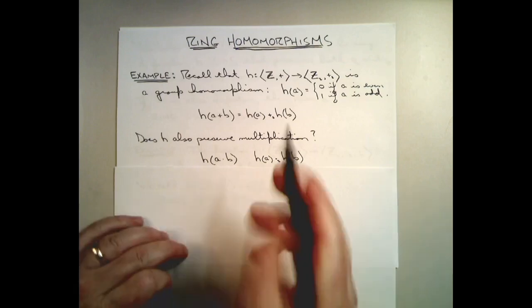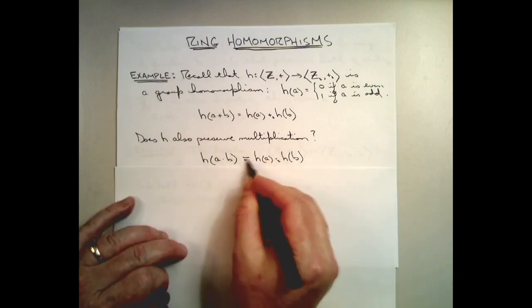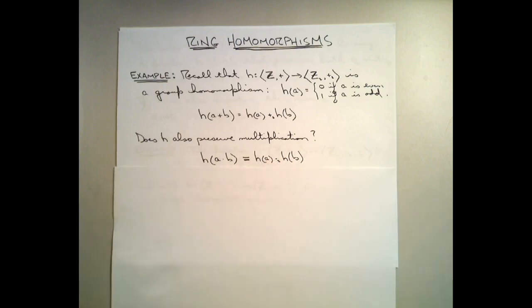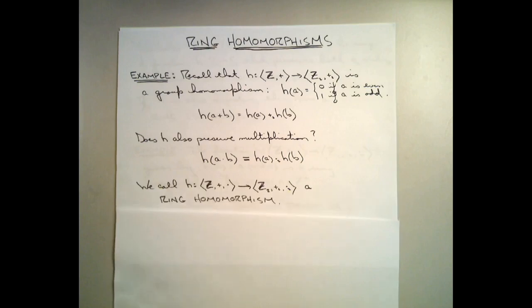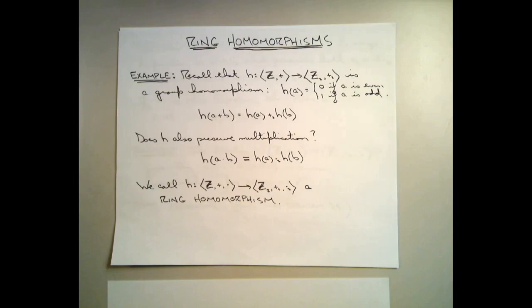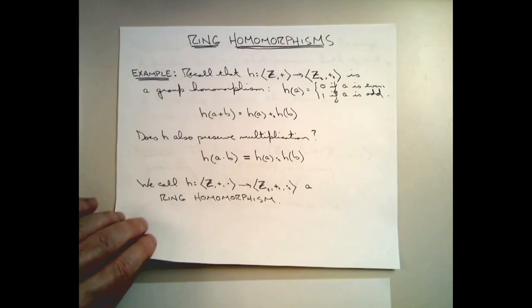And so sure enough, h does in fact preserve multiplication. And that's exactly what we mean whenever we say that h is a ring homomorphism. It's the same notion really as a group homomorphism, except, well, first of all, we're working with rings, and second of all, both of the operations are preserved under the function.